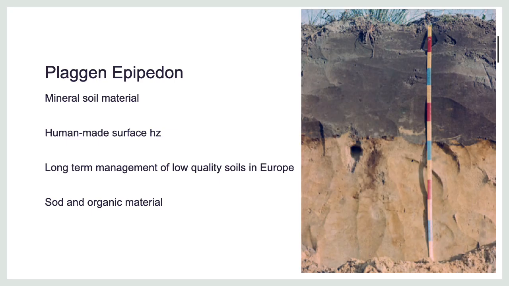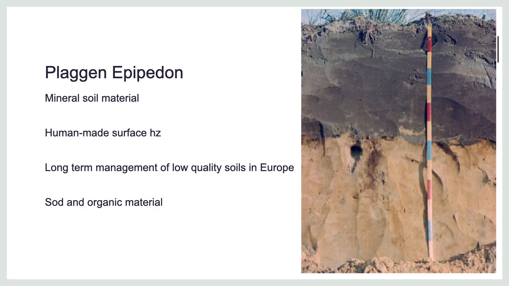So in some areas in Europe, they are used to cultivating some soils, some sandy soils, acidic soils with very low organic carbon content and very low content of nutrients. And in these areas, they started to add some material, some organic material, trying to increase the soil fertility.